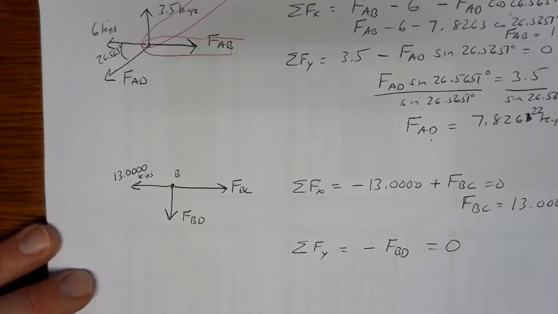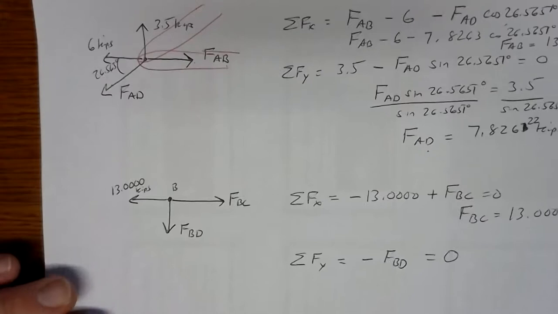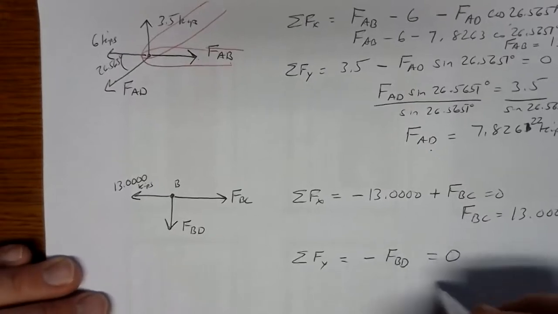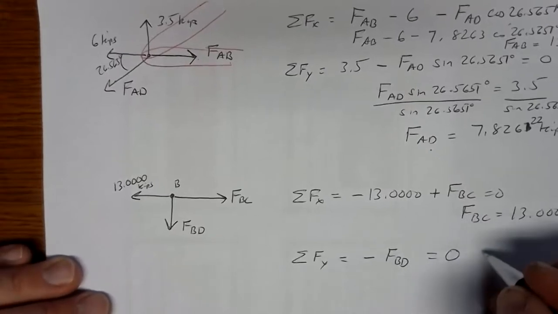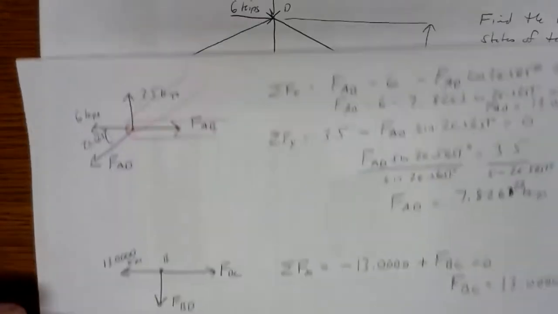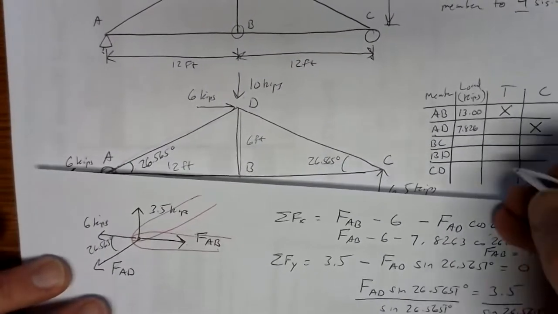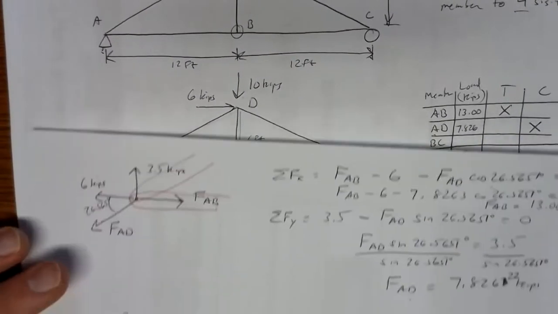Member BD is unloaded in this configuration. So member BD carries no load. So FBD is 0. So we can take that to the table. Member BD is 0. We'll go back and look at that here in a second.